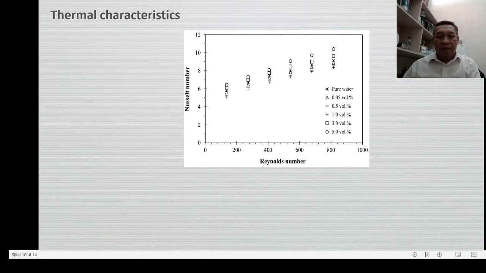After the validation, we ran the program with the other nanoparticle concentrations and obtained the numerical results. We show the thermal characteristics in this slide.